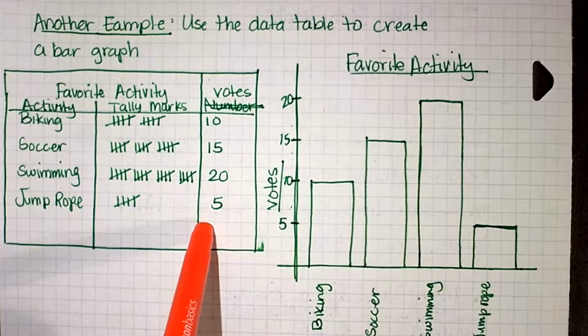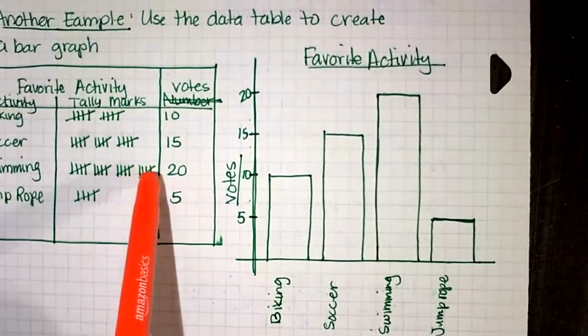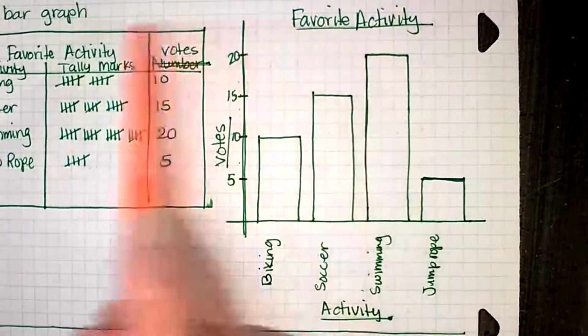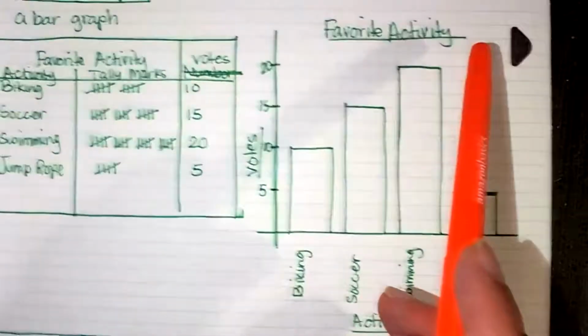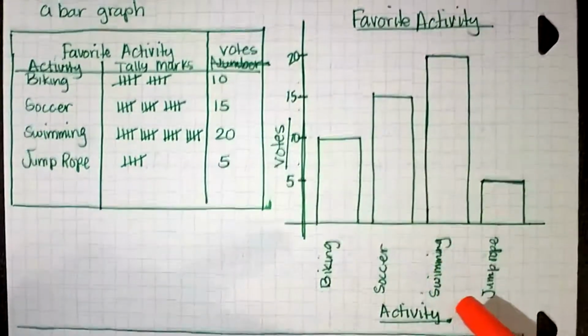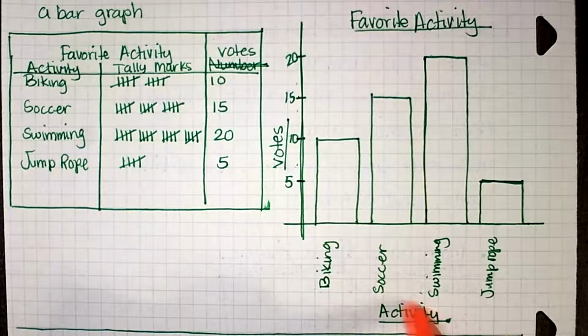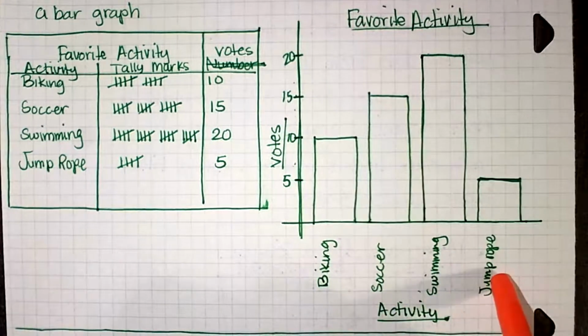So I wanted to use this information to create a bar graph. So in my bar graph, I listed my title, which is favorite activity, same as the title from my table. And then I wanted to label my sides. So the bottom is the categories, that's the activities. So biking, soccer, swimming, and jump rope.